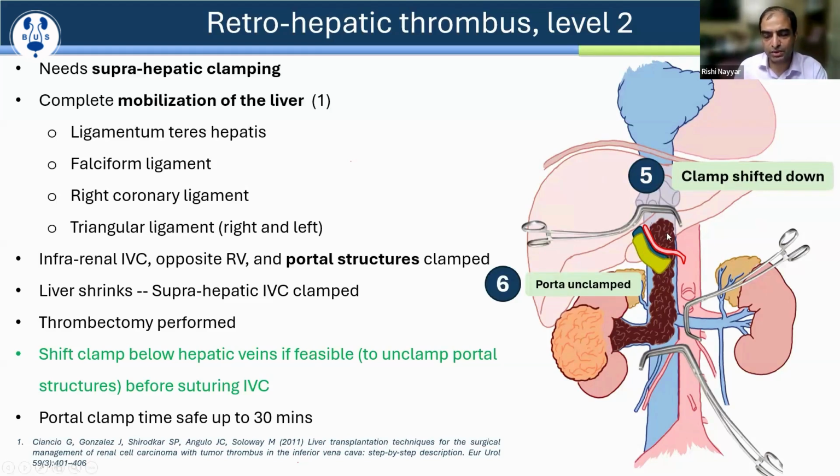So generally for most of the tumors, we are able to clean the IVC in the lower part and pull down the thrombus. Once that is done, within those 20 minutes, we can bring the clamp down so that we can do the rest of the procedure without any pressure of hepatic ischemia.